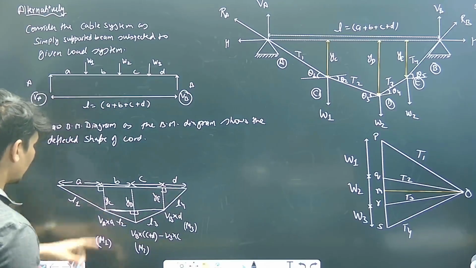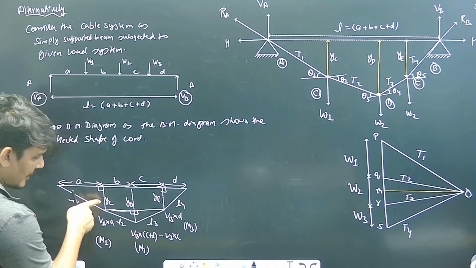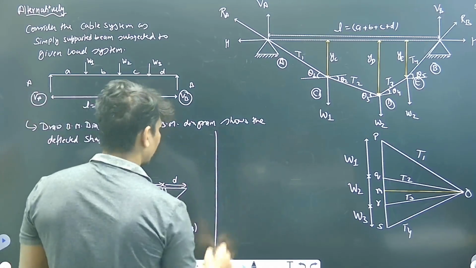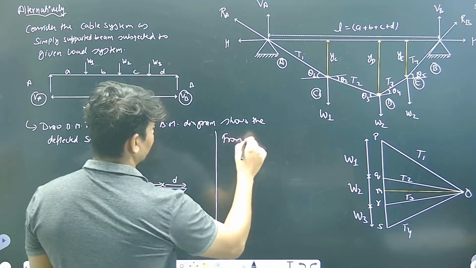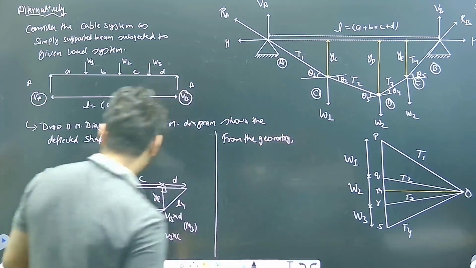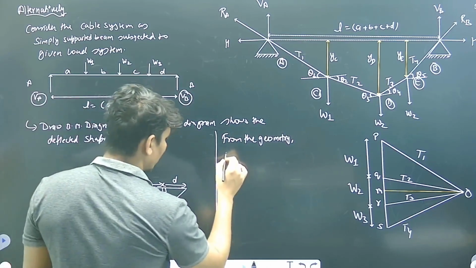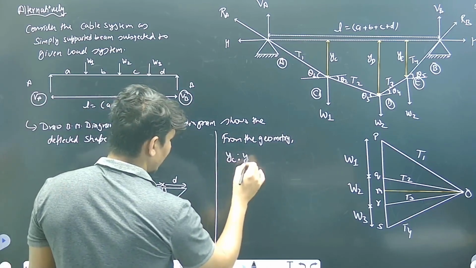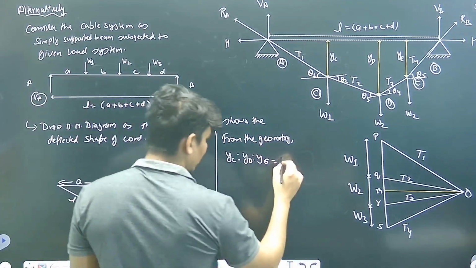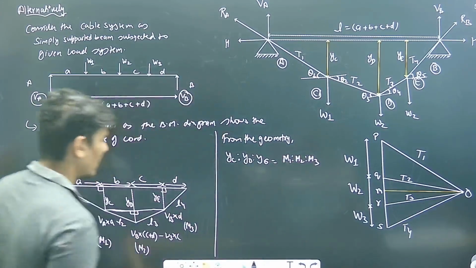So what do you have to do here? You only have to find these perpendiculars, that is, you need the dip here: YC, YD is given to you, YE you know. So from the geometry, one can conclude that the ratio of YC to YD to YE must be equal to the ratios M1, M2, M3.